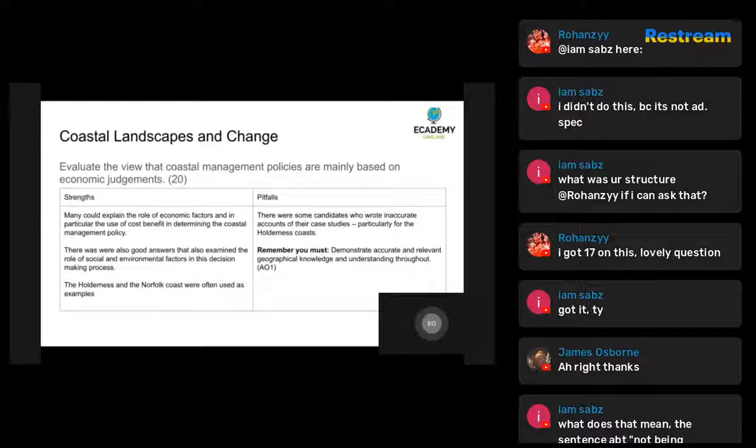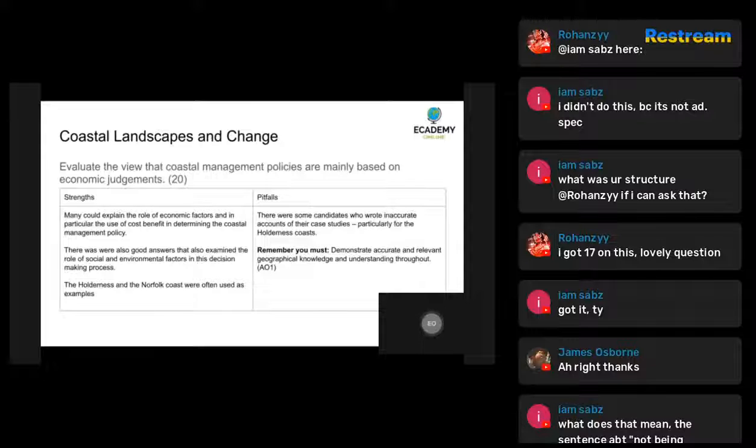There are some candidates who wrote inaccurate accounts of their case studies, particularly for the Holderness coast, and it's common. Students get mixed up between Happisburgh and Holderness and Chesil or wherever it might be. So the key point to remember is that you must demonstrate accurate and relevant geographic knowledge throughout.